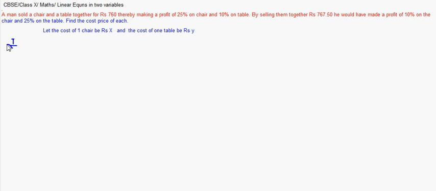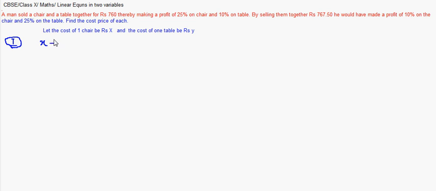In the first case, it says a man sold this together, thereby making a profit of 25% on the chair. So what becomes the selling price of the chair if it has made 25% profit?